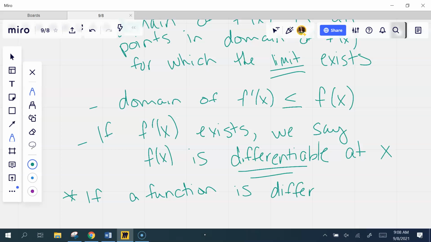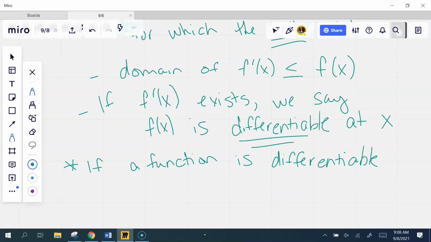If a function is differentiable, what does differentiable mean again? The limit exists, I can take the derivative at that point. I'm probably saying it wrong because I'm country. Differentiable.